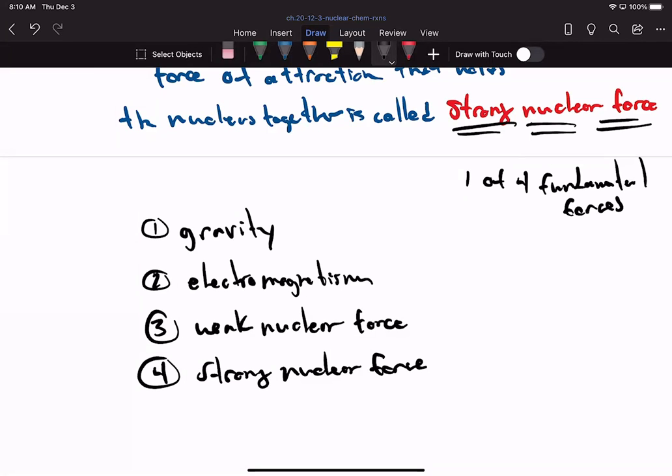What holds the nucleus together is what we call the strong nuclear force.